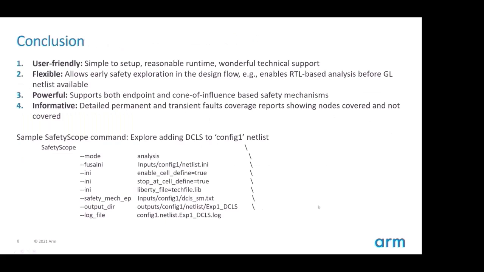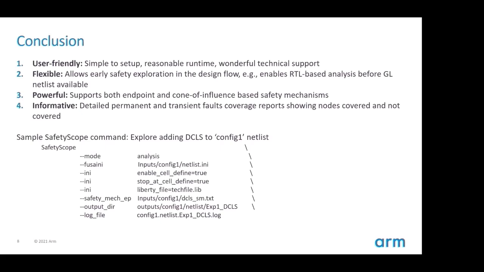So finally, as a conclusion, we find the tool safety scope to be very user-friendly. It's quite simple to set up, and the runtime is quite reasonable. And also, we are getting wonderful technical support from the vendor. And the tool is very flexible.